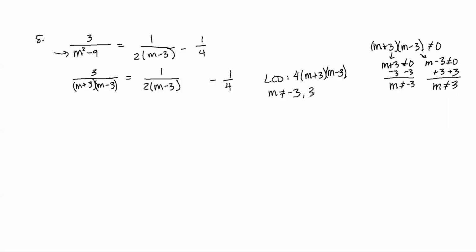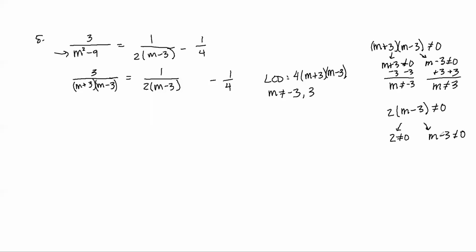And now if we look at our other denominators, this one here we have 2 times m minus 3. Now, if I were to write that out as 2 times m minus 3 cannot equal 0, what you can do here, kind of like what we do when we split up the factors, you can think of this as when you split it up, we would have 2 cannot equal 0 and m minus 3 cannot equal 0.